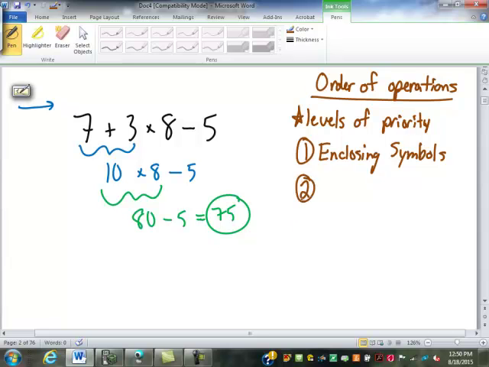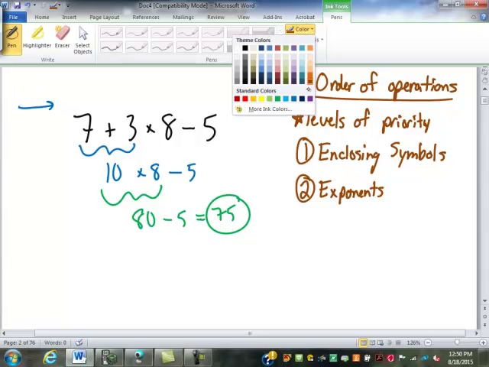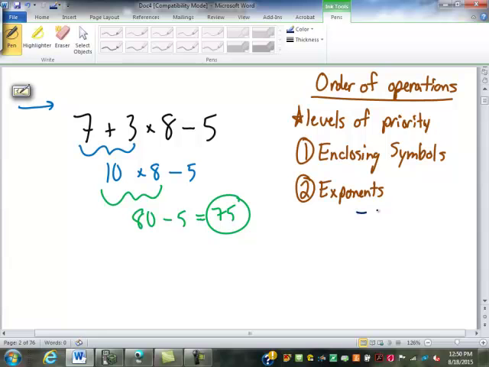Second level of priority, exponents. Exponents include 2 things: powers and roots. Both of them are forms of an exponent.